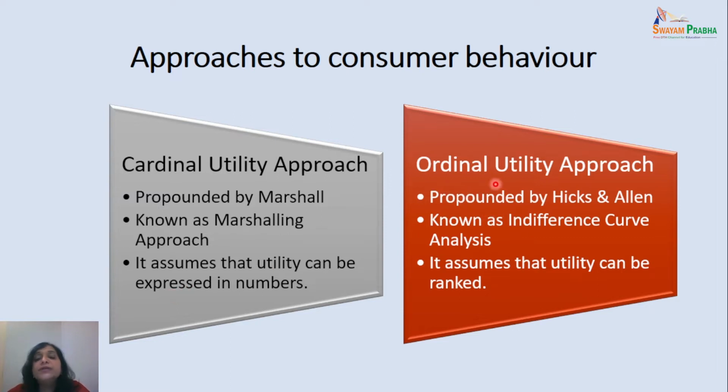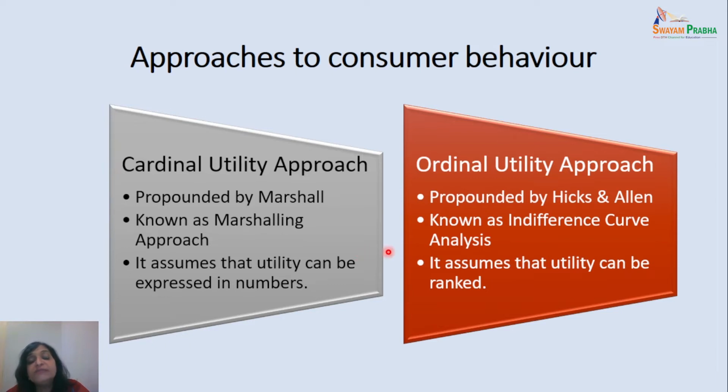Whereas the ordinal utility approach says it is not easy to quantify your satisfaction. But if I ask a consumer, do you like one more than two or two more than one, he may be able to answer it, or he may be able to rank it, or he may be able to order his preferences. So both these approaches are talking about consumer behavior.